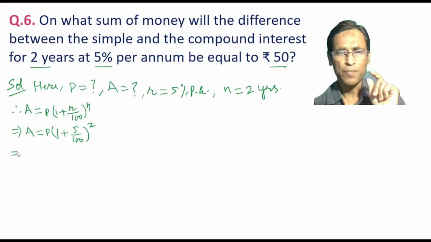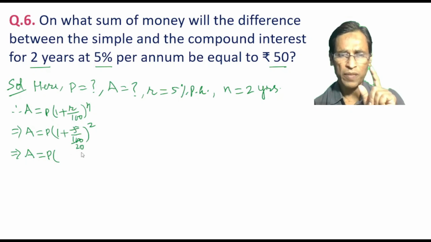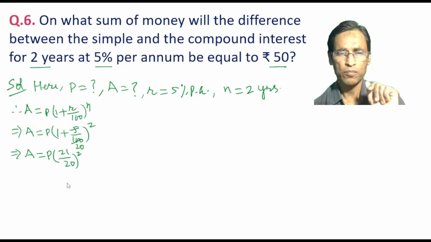In the next step, we have A equal to P times, here 100 is divisible by 5 in 20 times, and so we get 1 plus 1 by 20 to the square, that is (21 by 20) square. And now (21 by 20) square means 441 by 400, and P will be as it is.